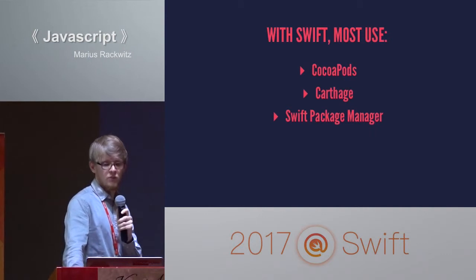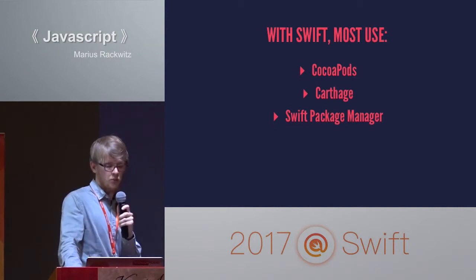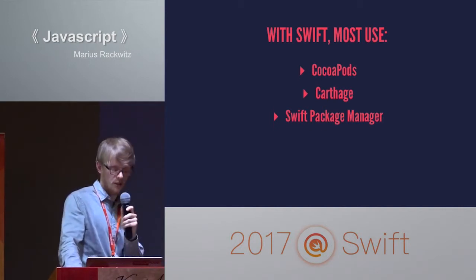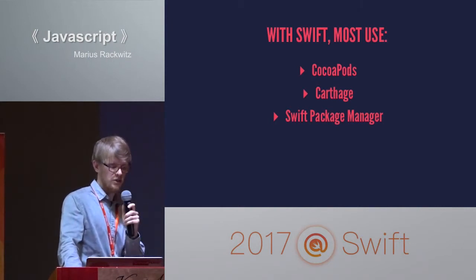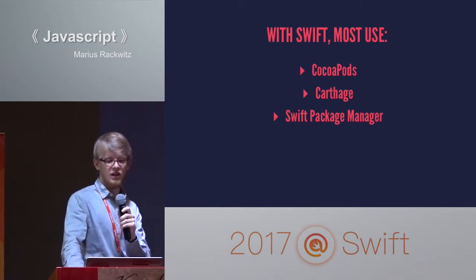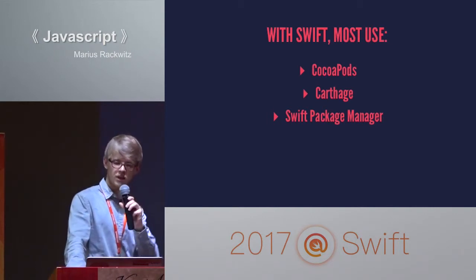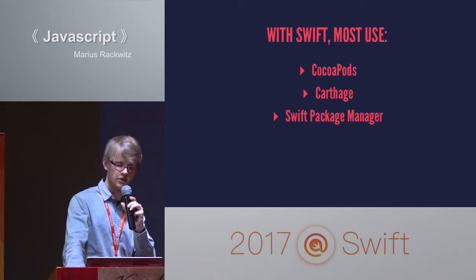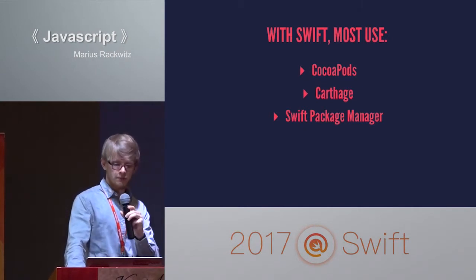With the advent of Swift, it had an impact on the ecosystem. A new dependency manager came up with Carthage, CocoaPods, and I was involved around these efforts, had to support Swift as a new language, but Apple eventually also acknowledged the problem of dependency management and started an attempt to address it.